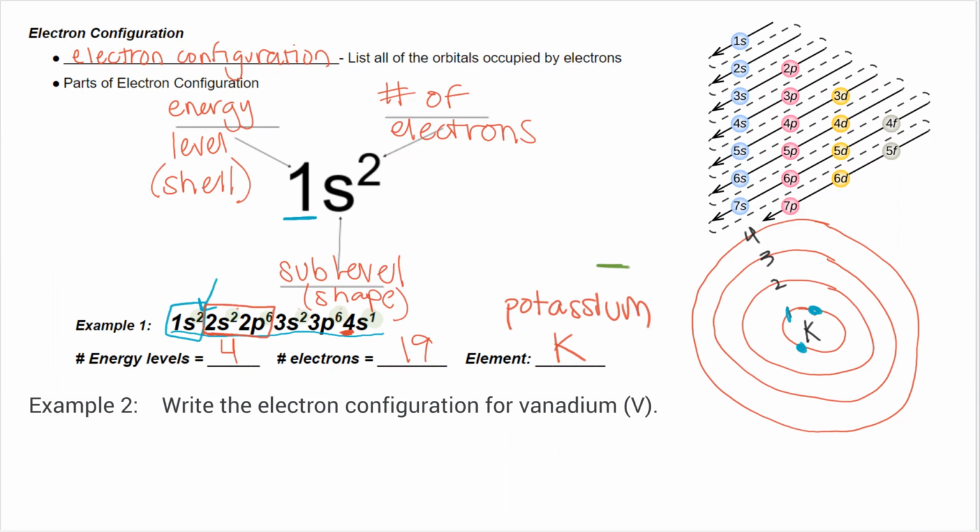So if we add up the total number of electrons in energy level 2, 2 plus 6 gives me a total of 8. So in my energy level 2, I'm going to draw 1, 2, 3, 4, 5, 6, 7, and 8 electrons. Okay, any questions so far?